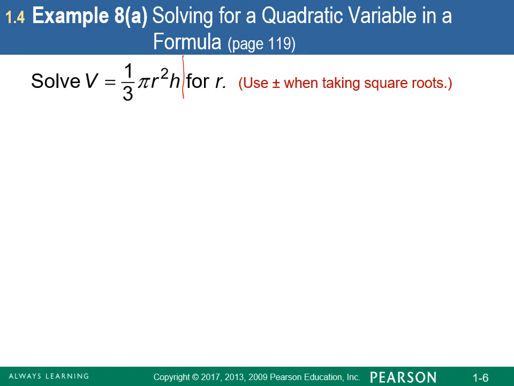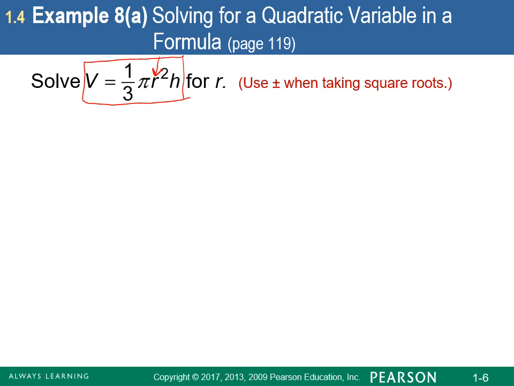Now, in this one, we're trying to solve this equation for the r. In looking at it, I can move everything except for the r squared to the other side. So this is similar to the second technique I showed you.